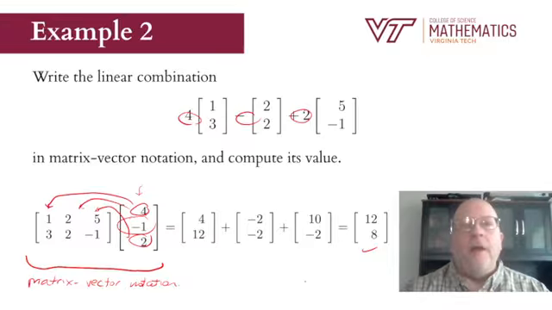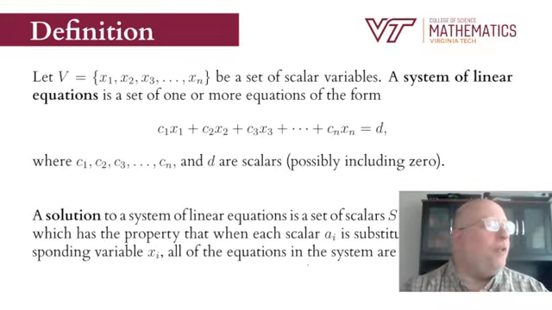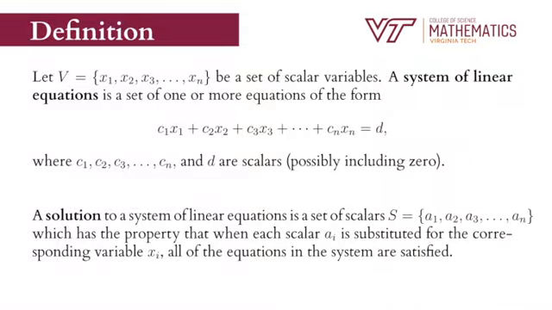Okay, let's move on. So there's a definition here. A system of linear equations is a set of one or more equations that have on the left side of the equation a sum of variables that are multiplied by constants, and on the right side just a single constant.